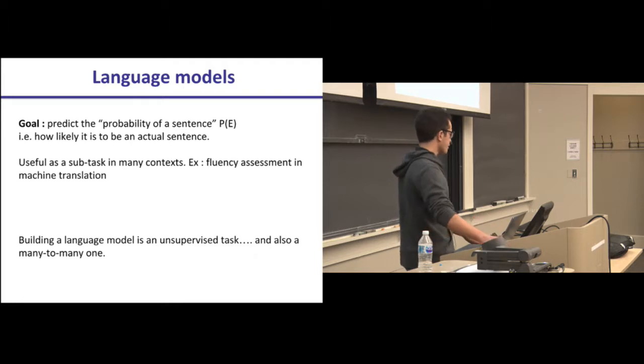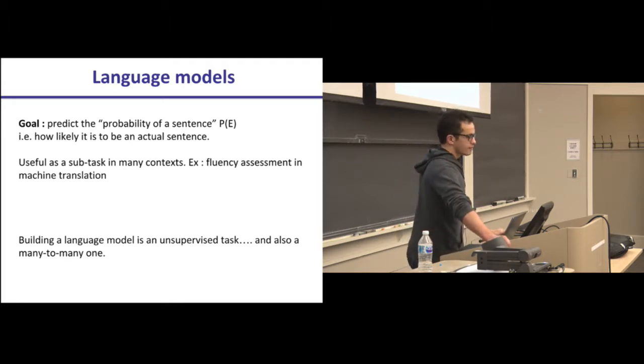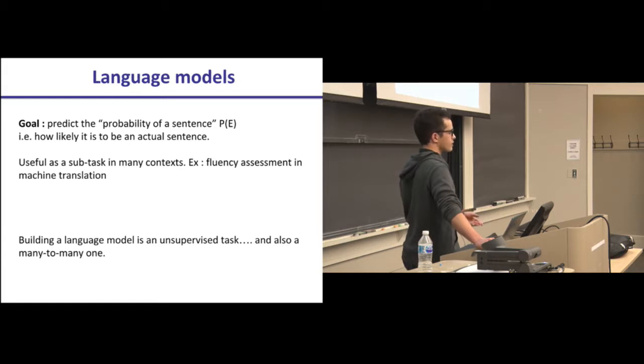Now, language models, what are they doing in all this? Basically, a language model is a component of NLP systems that gives you the probability of one sentence, conditioned on nothing. So it's probability in general, so to speak, which doesn't seem to mean much, but basically you can see it as an indicator of how likely your sentence is to be a real sentence.